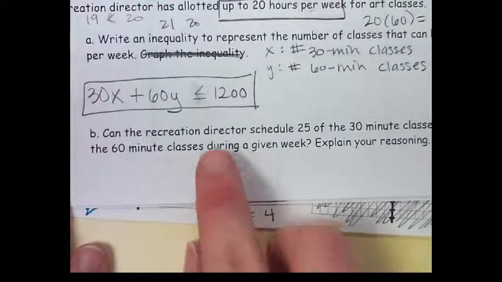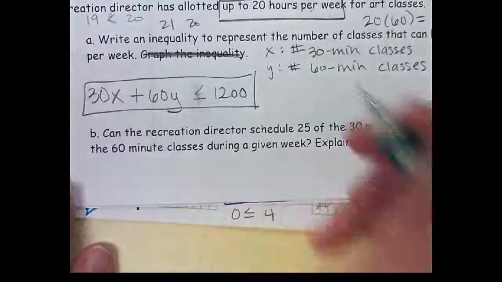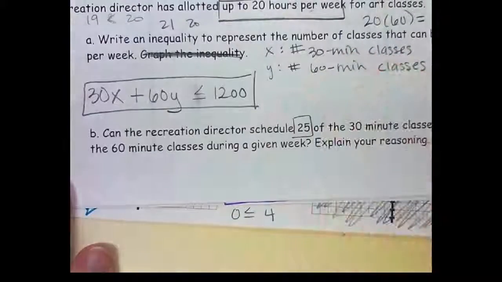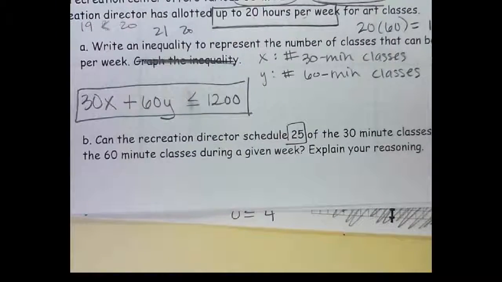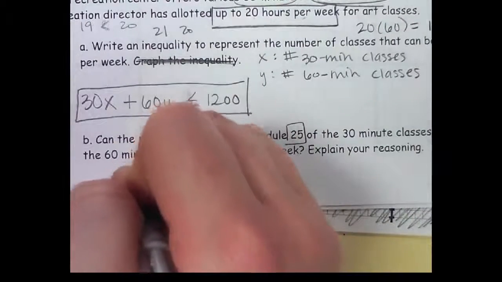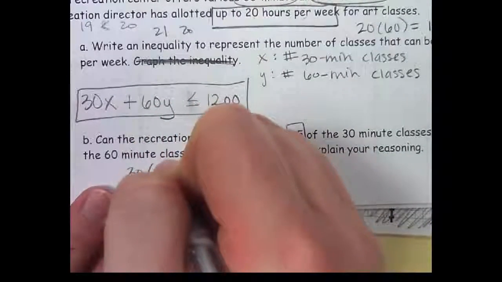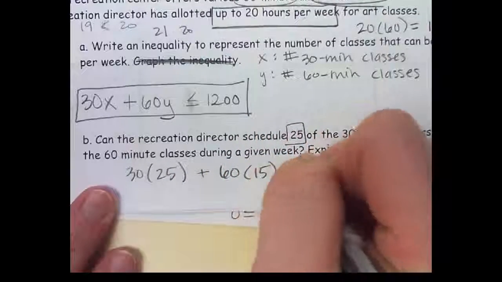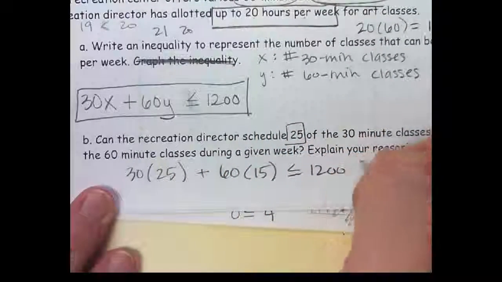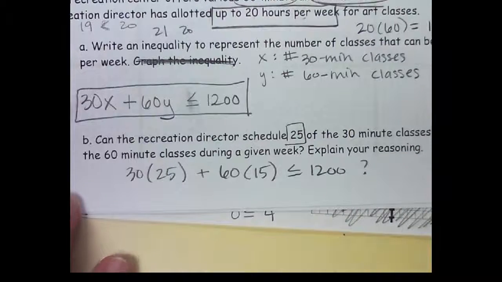Then it says, can the recreation director schedule 25 of the 30-minute classes and 15 of the 60 during a given week? So what would you do with that information? Yeah, you just plug it in. So 30 times 25 plus 60 times 15, and we want to see, is that less than or equal to 1,200?